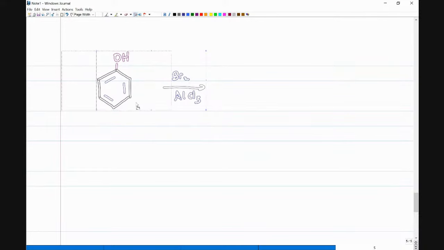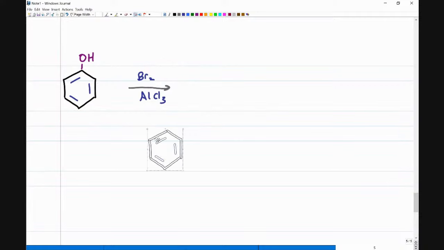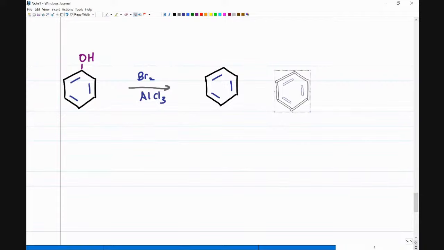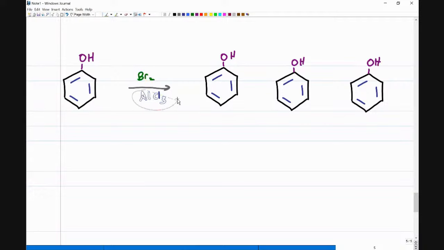I have three choices. So let's draw 3 benzene rings and see where we want to put the product. Let's not forget, I have my OH at the top. And the way we classify the position of the incoming group is by looking at the group compared to what is already there. One option is to put the bromine right next to the group that is already there.